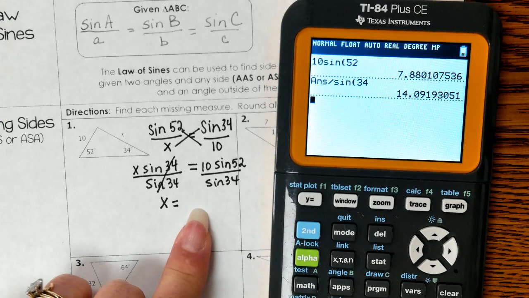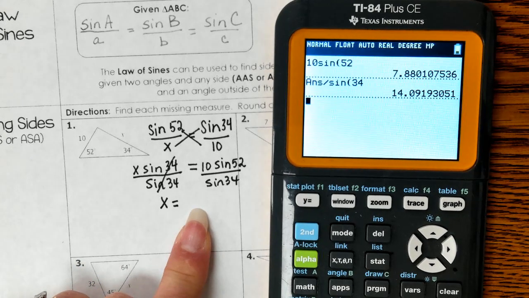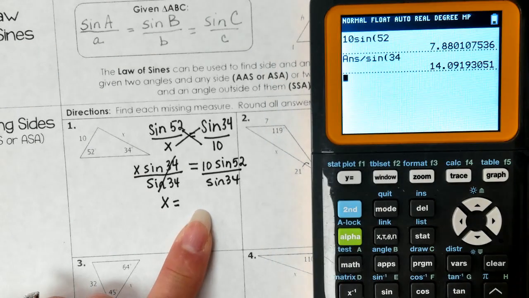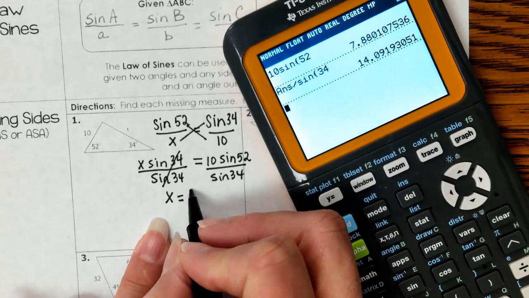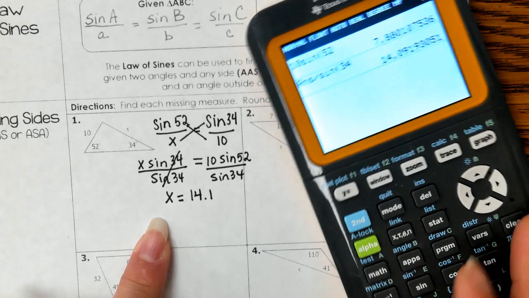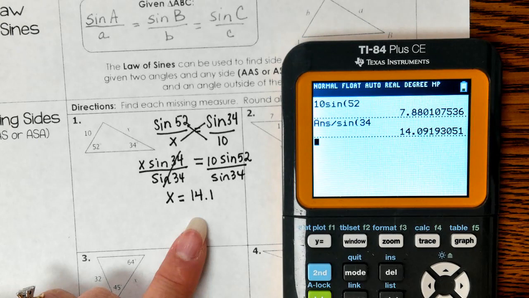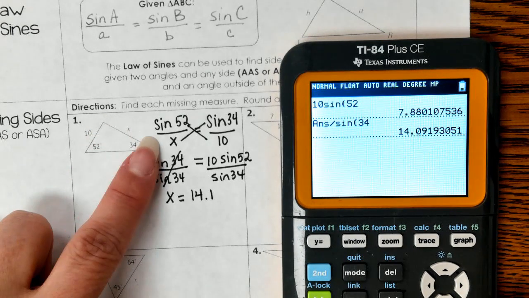Our answer to this problem, you could either write 14.1 or, did it say round to, oh, it did say round to the nearest tenth, or 14.09, just depending on where it asked you to round. In this case, it did ask for the nearest tenth. So 14.1 would be our answer to the side of that triangle.